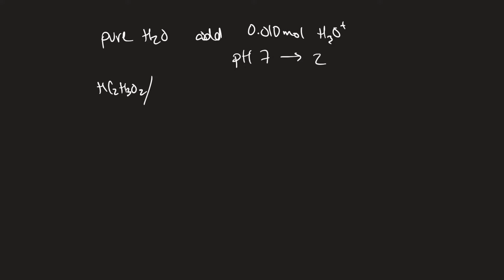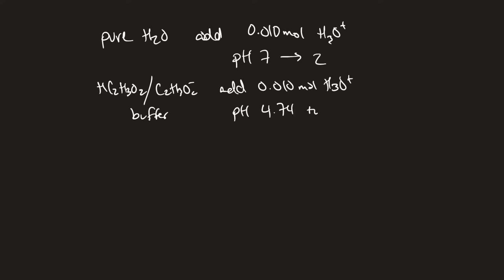But if you have this acetic acid and acetate buffer, and you were to add 0.010 mole of the same acid, we'll find that the pH will go from 4.74 to 4.85.